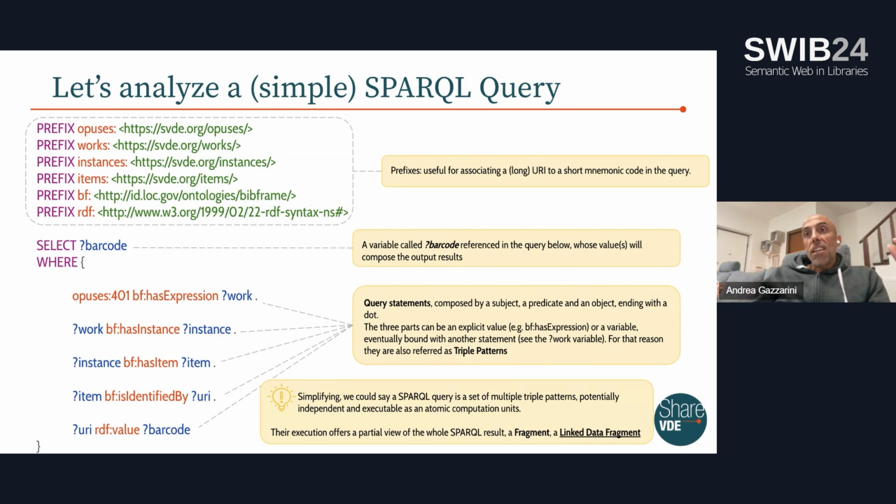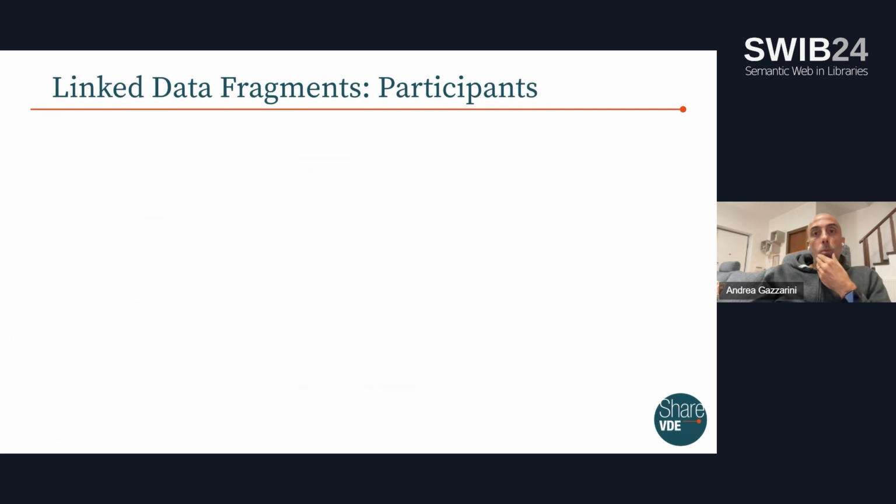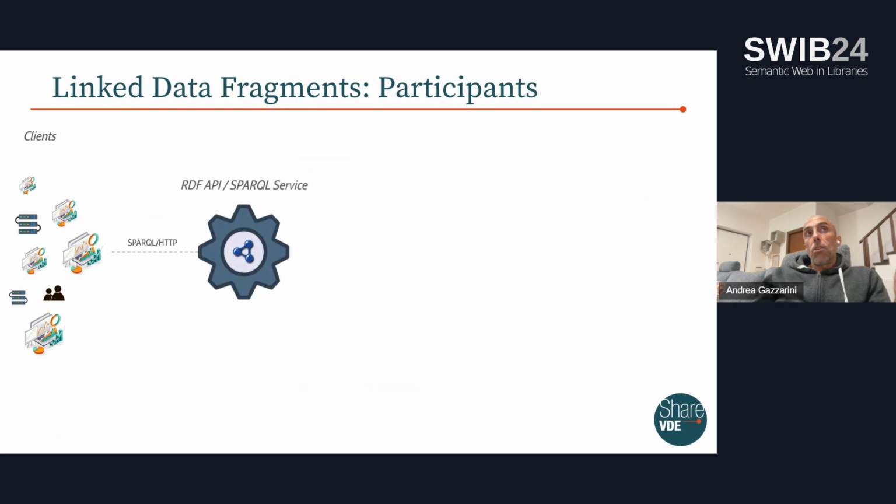The execution of a single pattern returns a partial view of the data of the entire result set. That partial view is called a fragment, and since we are talking about linked data, a linked data fragment. So what are the participants of a linked data fragments architecture? We have clients, and we have a layer that provides SPARQL over HTTP.